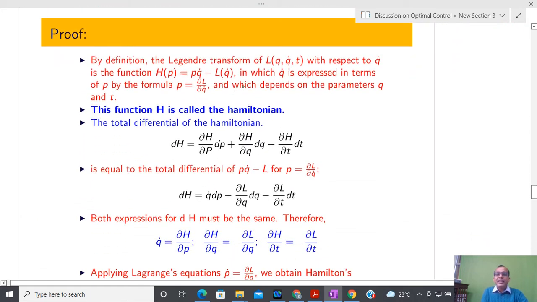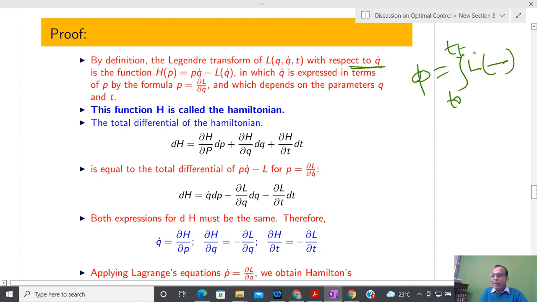So the proof is like this. Because I have to apply the Legendre transformation, and I am going to take the variable q̇, I have to make sure that this functional is convex with respect to q̇. Whenever you solve an optimization problem, people select this function based on their requirement.